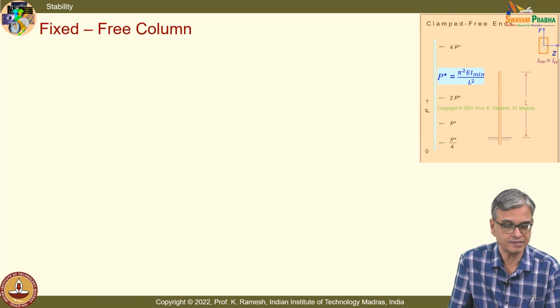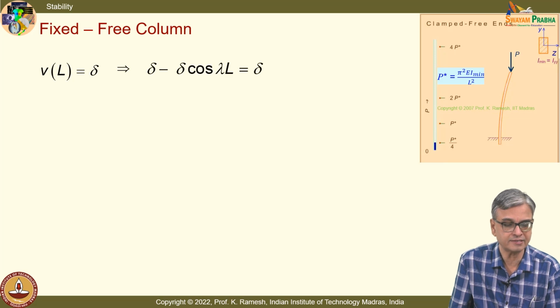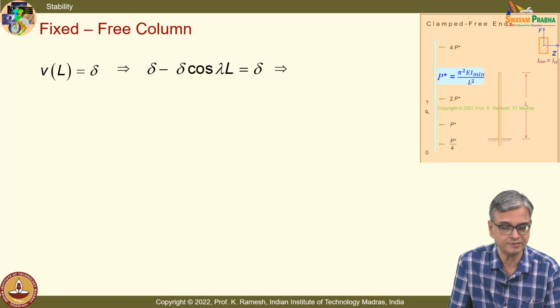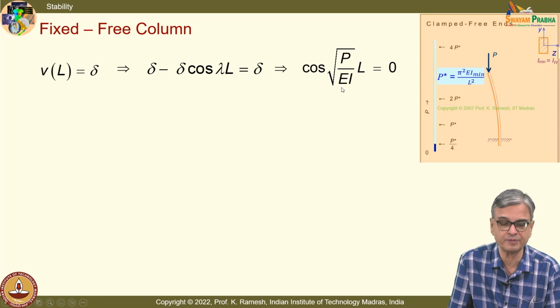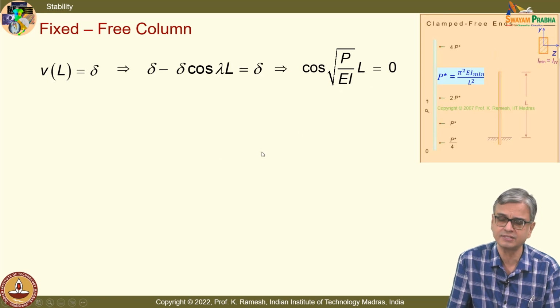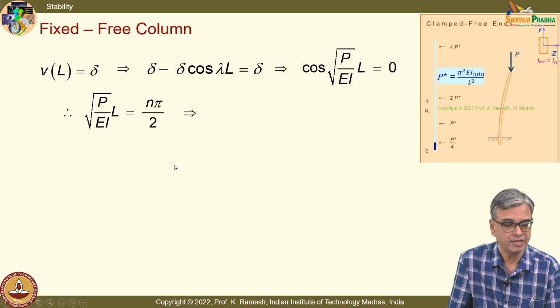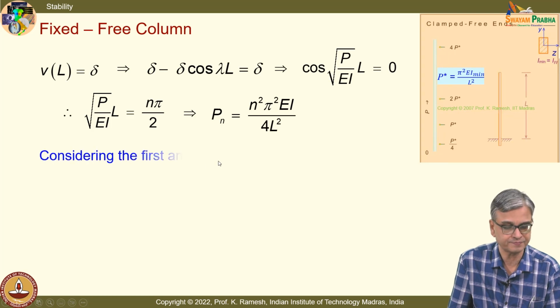So, when I substitute all of this, v at L equal to delta, I get delta minus delta cos lambda L equal to delta. So, this gives me again cos of square root of P by EI times L equal to 0, identical to the solution we have got, and you get the critical load as n squared pi squared EI by 4L squared.